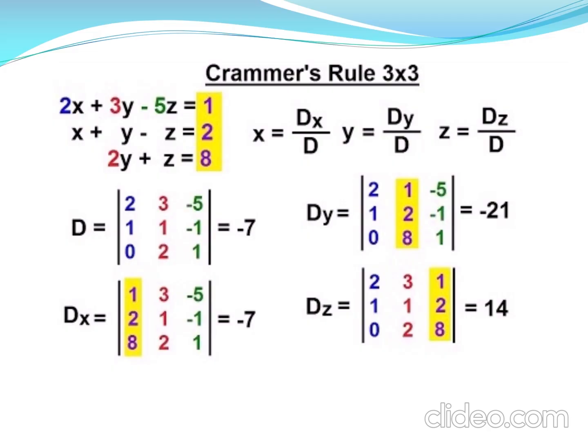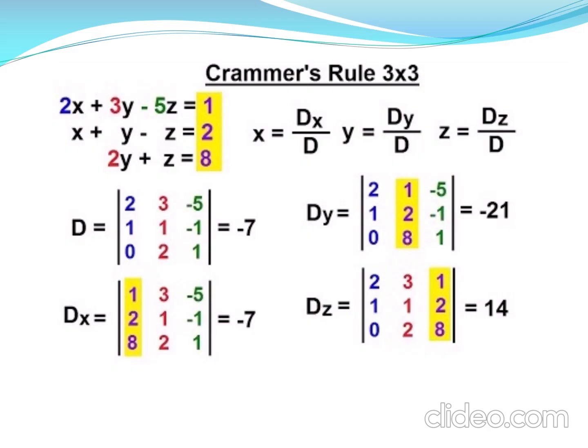Next, when you want to find the first variable, that is x, we write it as dx. We have to find a matrix in which the first column of the main matrix is replaced by the terms on the right hand side of your equations. So here the first column has been replaced by 1, 2, 8, and you have to find the determinant of that.